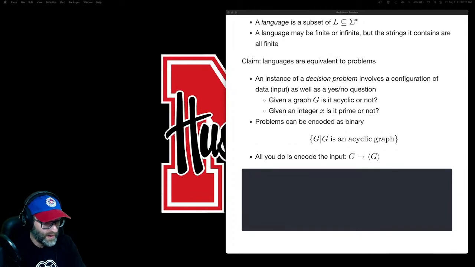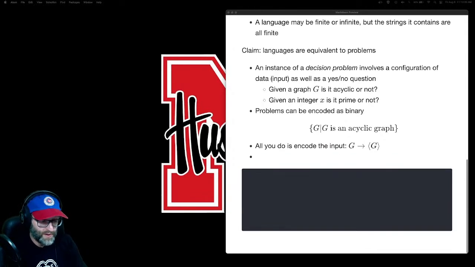So now the question becomes: is G cyclic? Now it becomes: is G, the encoding of G, I'm just going to cut and paste this since I don't want to write the LaTeX again, in the language L, where now I'm going to redo that language up there.